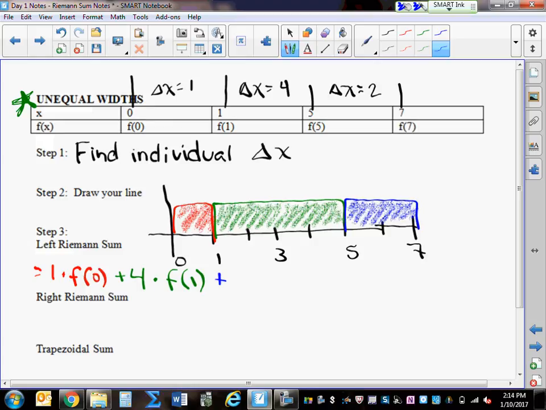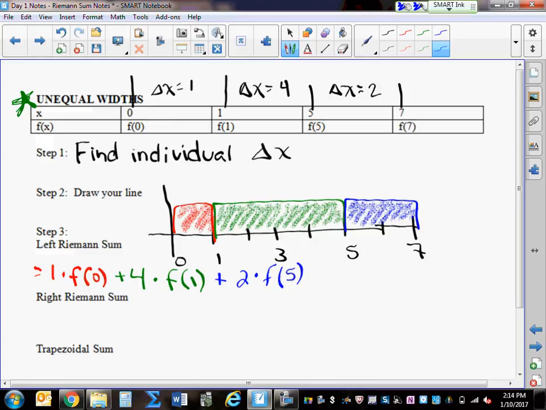And then my width of my blue rectangle here is 2, and the height of my rectangle based upon the left Riemann sum is f of 5. Alright, any questions on that?